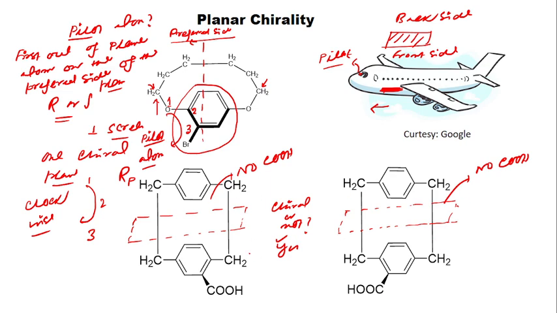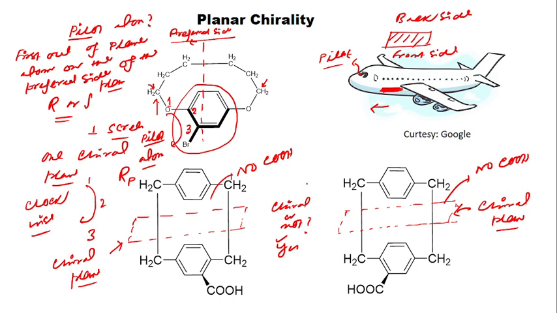So there are two different chemical environments around the mentioned plane. So this is a chiral plane. Similarly, this is also a chiral plane.